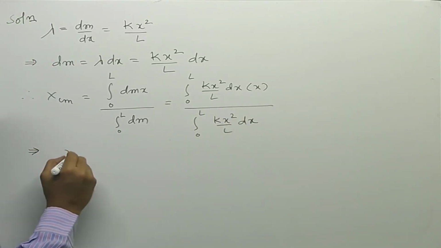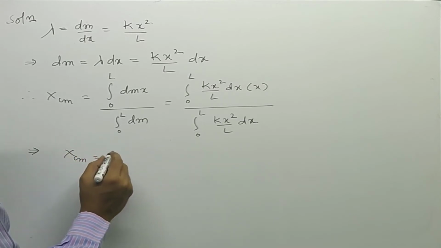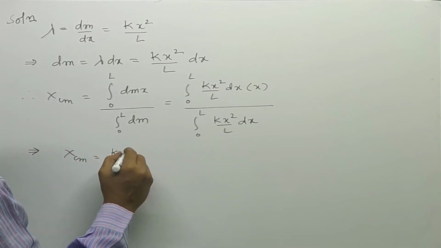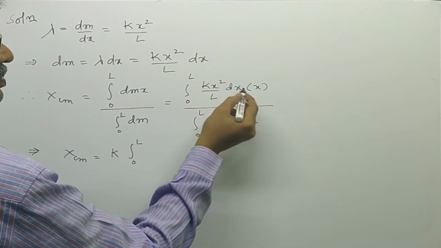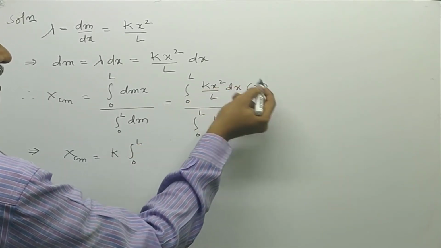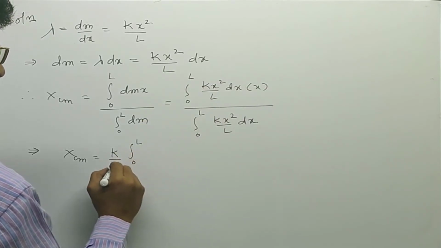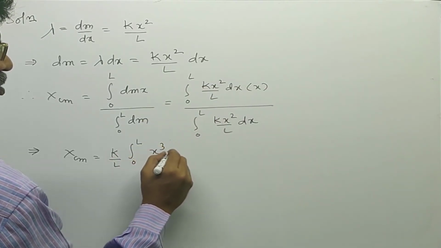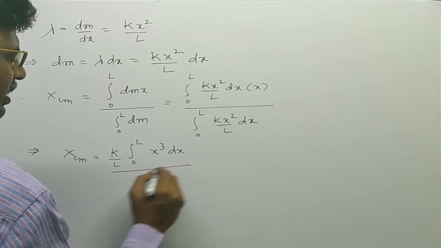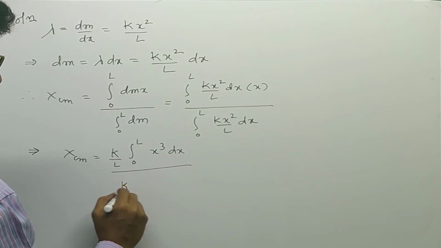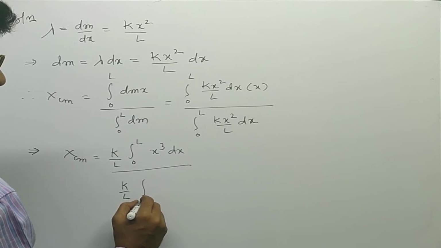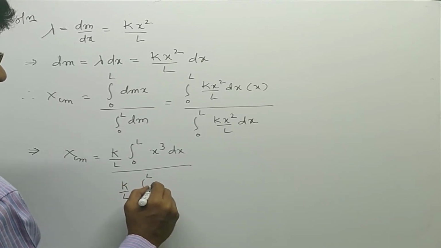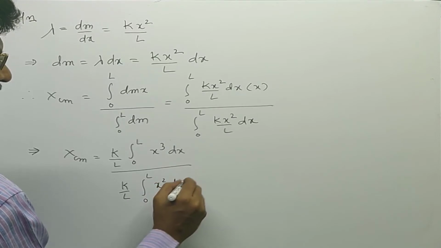So that implies XCM is equal to k by L into integral 0 to L x square into x, that is x cube dx, divided by k by L into integral 0 to L x square dx.